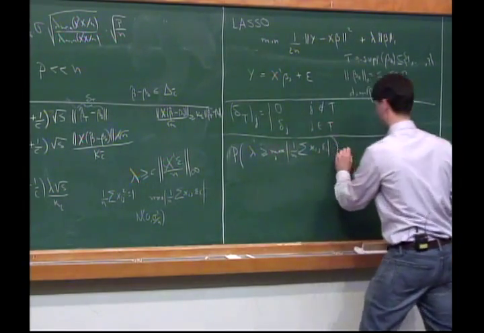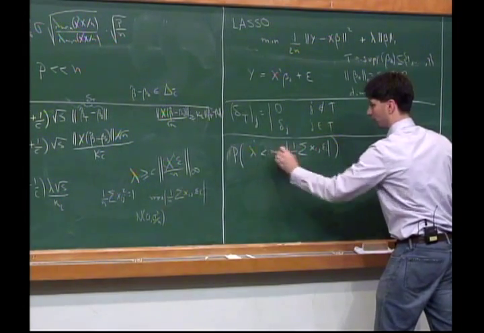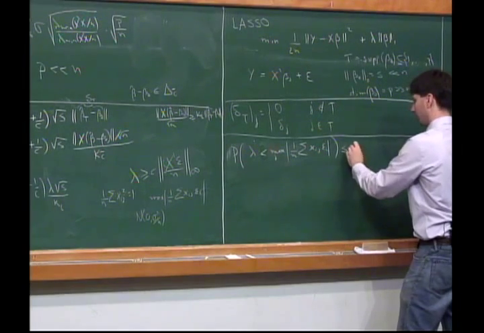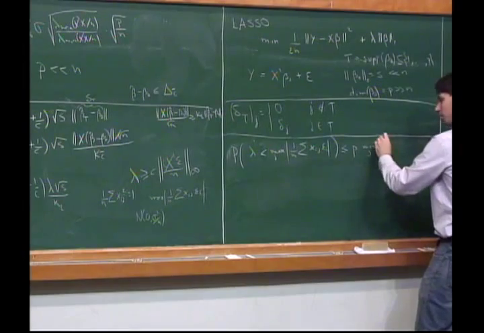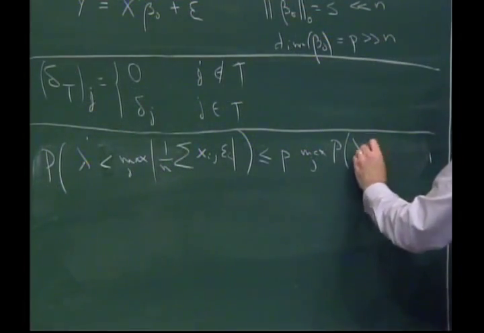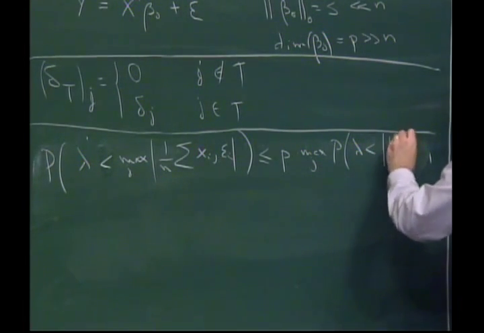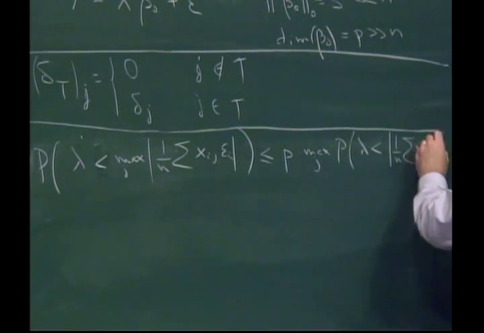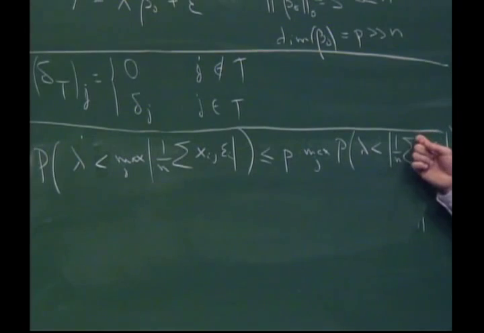This is less or equal than p times the maximum over j of the probability of lambda less than 1 over n summation xij epsilon i. Under that normalization, this essentially is a normal.